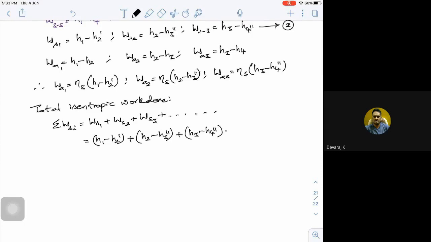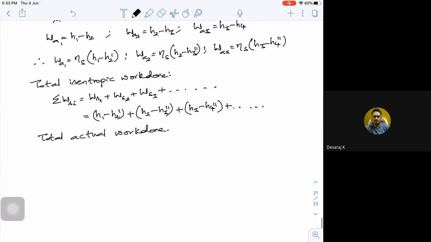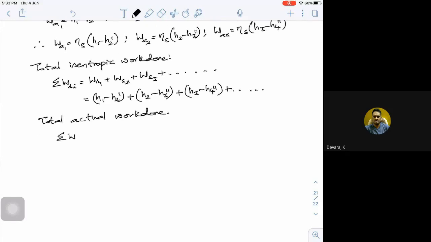What is your total actual work done? The sum of all your work done added. That is actual work done of the first stage, the second stage, the third stage, and so on.